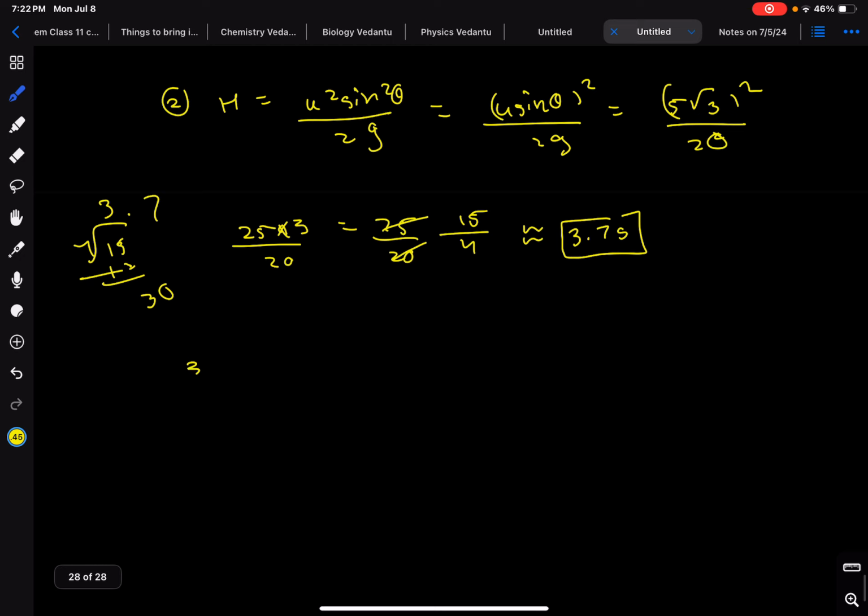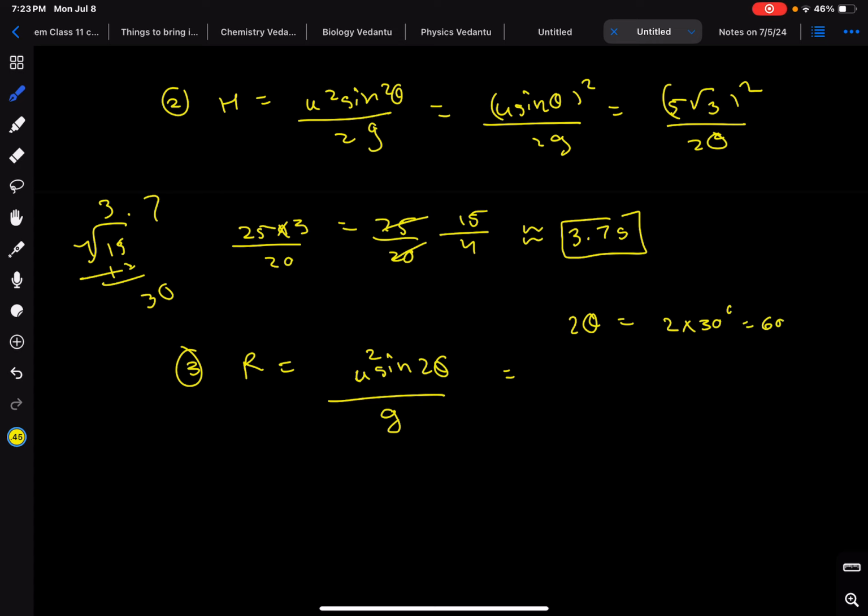Then let's find out the maximum range, which is equal to u square sine 2 theta upon g, which is equal to 100 times sine 2 theta upon 10. Now sine 2 theta: 2 theta means 2 times 30 degrees, which is equal to 60 degrees.